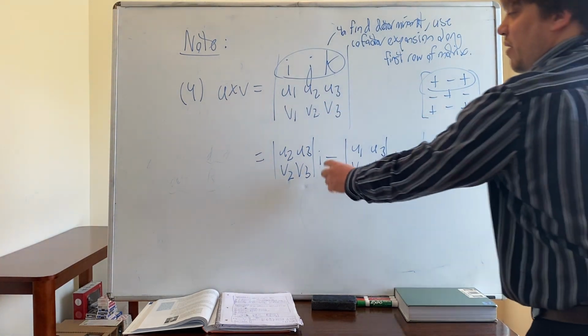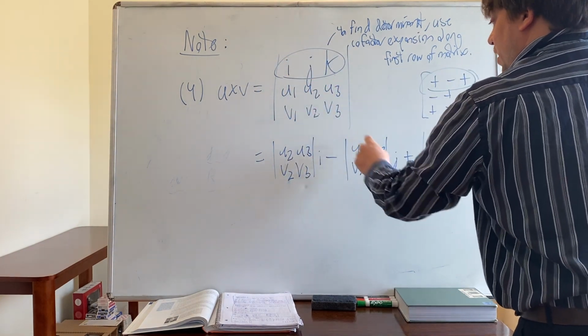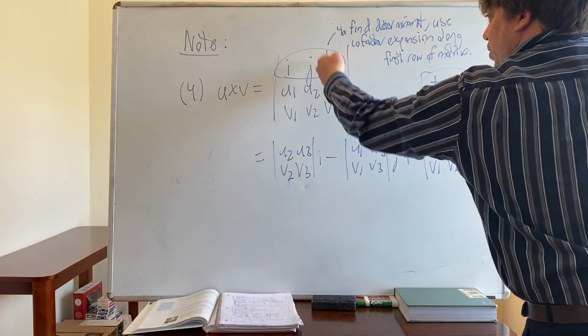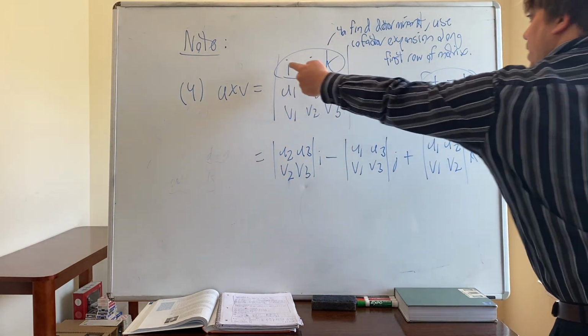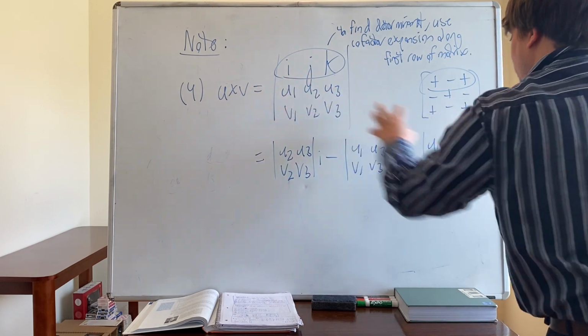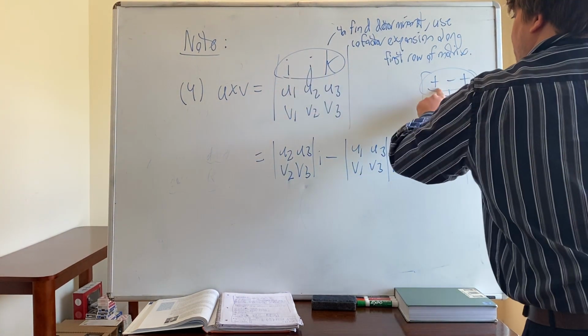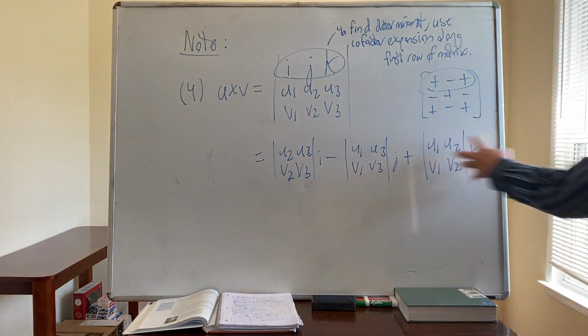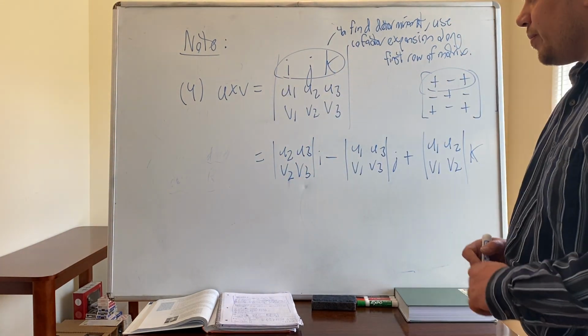So if you have I here, you get rid of the first row and first column, you have the determinant of that. If you're looking at j, you're getting rid of the first row, second column, you're looking at the determinant of that. If you're looking at k, you get rid of the first row, third column, and you're looking at the determinant of that. And so you're multiplying by I, negative j, and k. And so that sum of products, that's the u cross v.